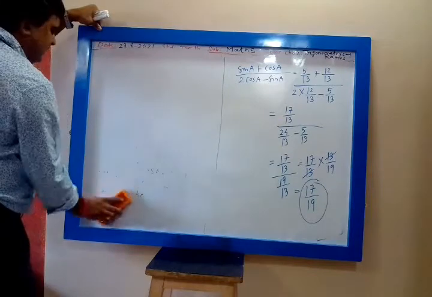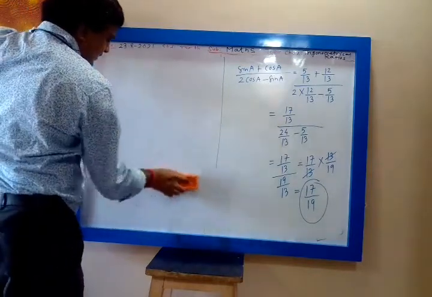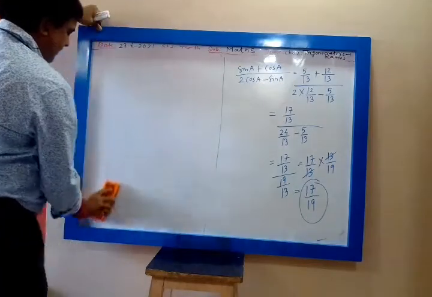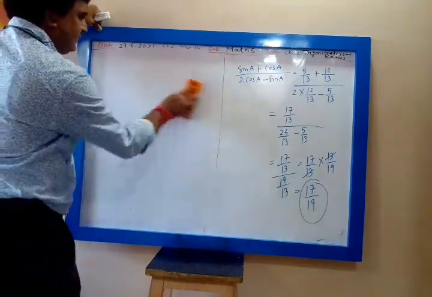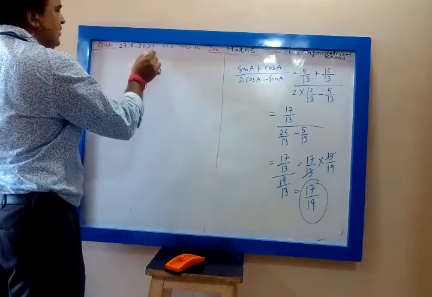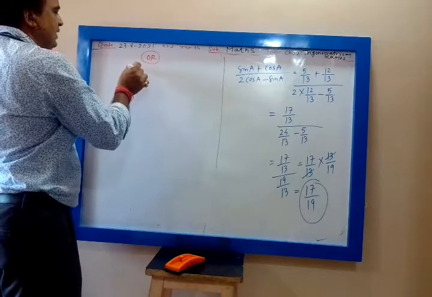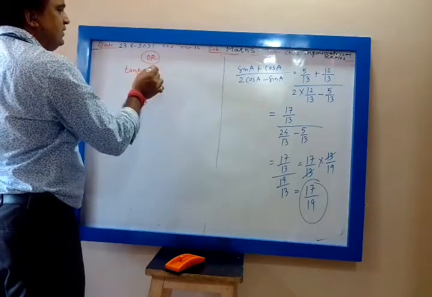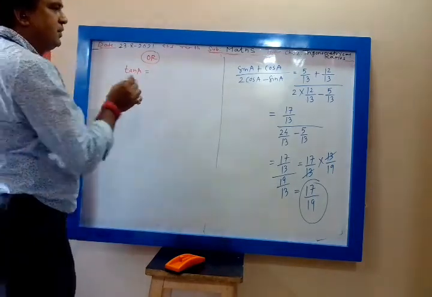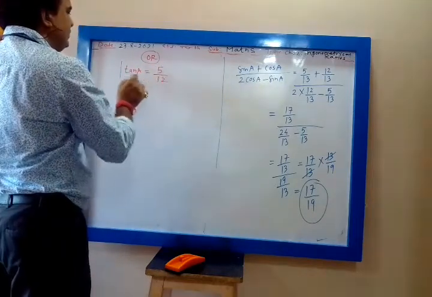Sin A and cos A, divide by cos A. Or you write both the methods, whichever way you like. What was tan A? Tan A was 5 by 12.